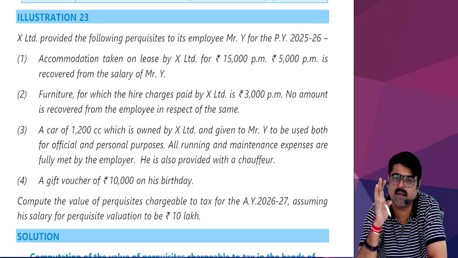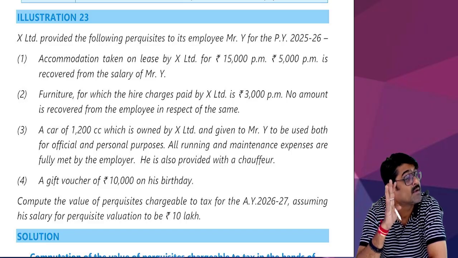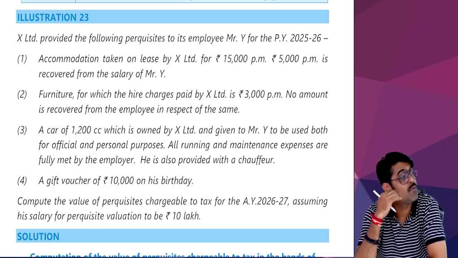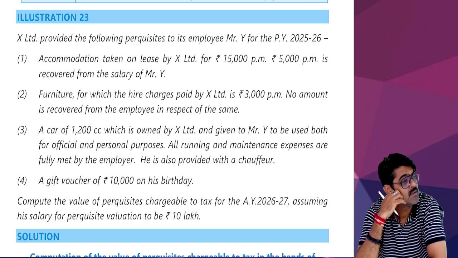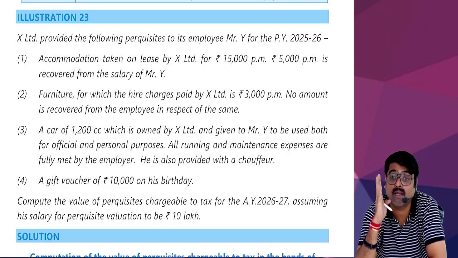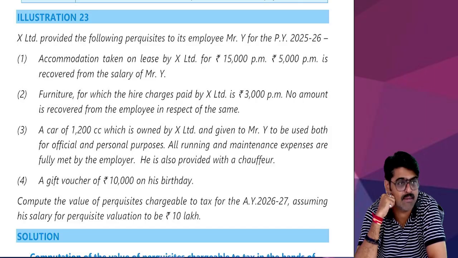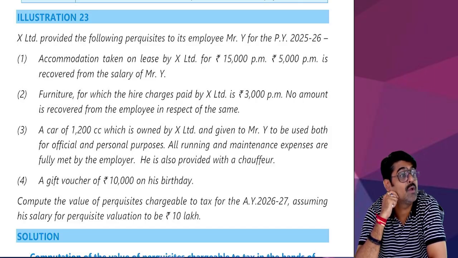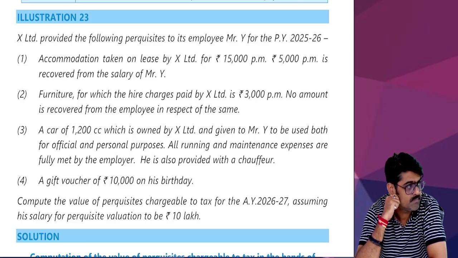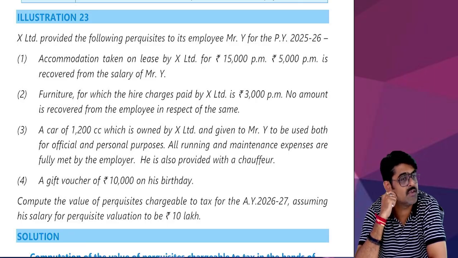Eating everything, drinking everything, enjoying your life to the fullest with your father's money, your mother's money. You are spoiling the money of your parents. Seriously I am telling you. No need to call yourself a student if you are not serious about your studies.